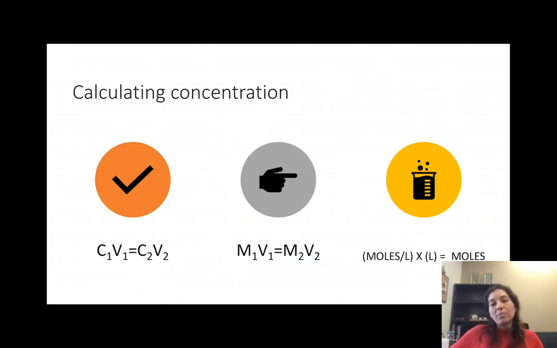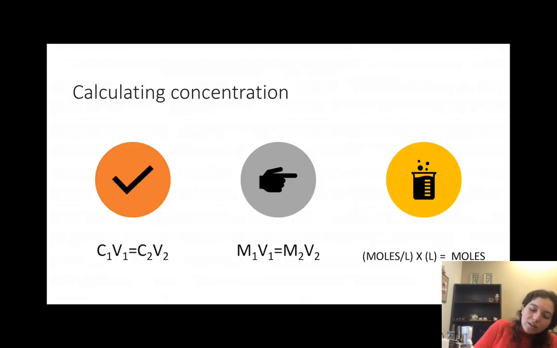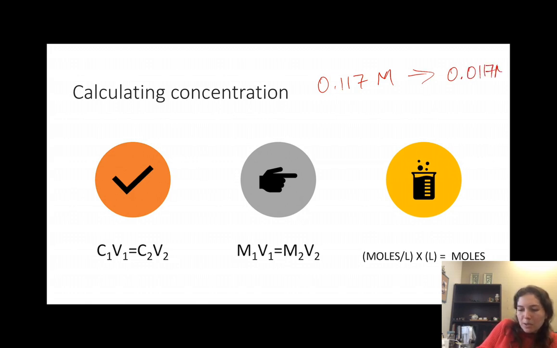Now there will be times in lab where you have to make solutions of a different concentration when you start with a liquid. Say we had this last one that we looked at, this 0.117 molar solution. And let's say someone asks you to make a 0.0117 molar solution, and you have to start from here.